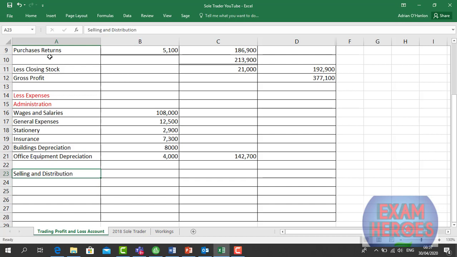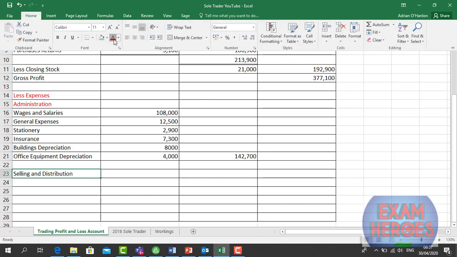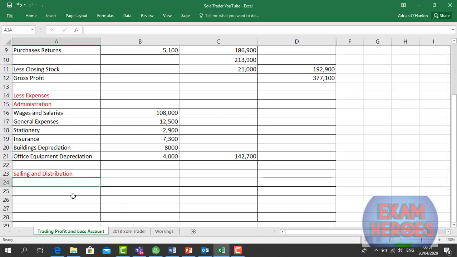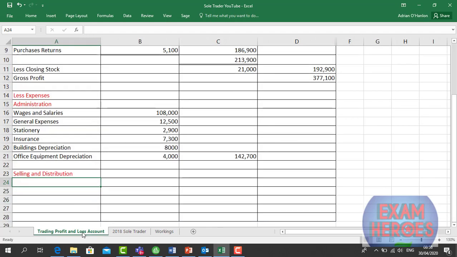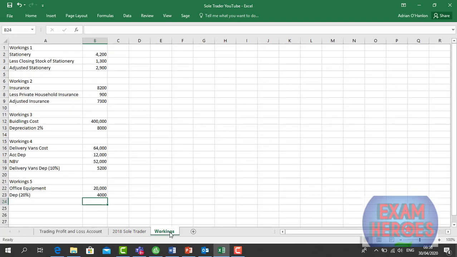And just keep it in red font as well, just to be consistent. If I come over here, in my workings I've already done the delivery vans depreciation, which is 5,200. Let's check that again. Yep, that's fine.